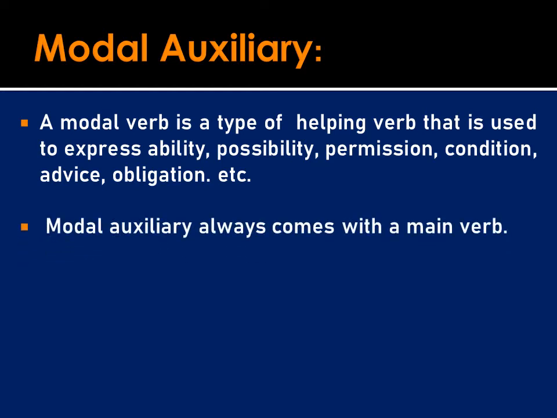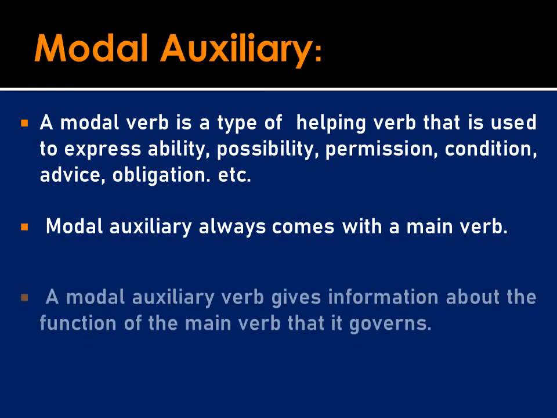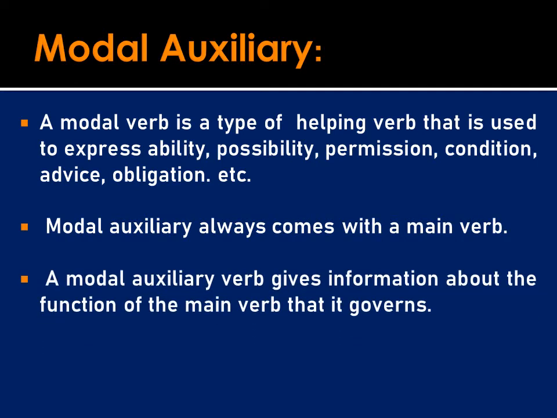So a modal auxiliary always comes with a main verb. And a modal auxiliary verb gives information about the function of the main verb that it governs. It is used along with the main verb.